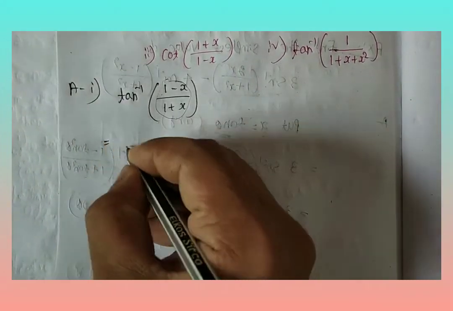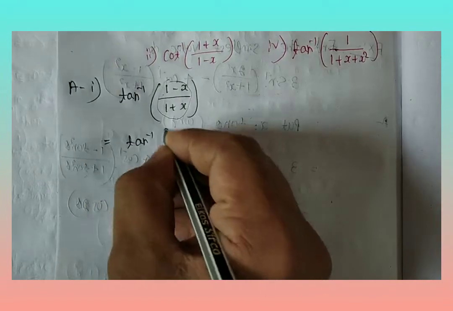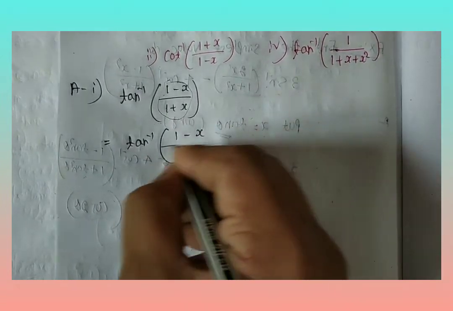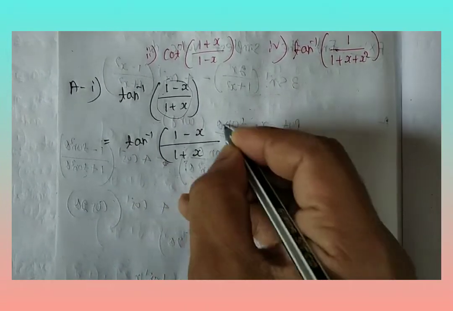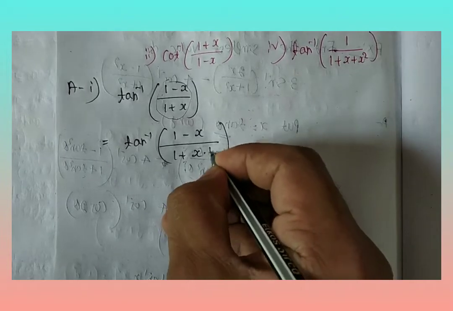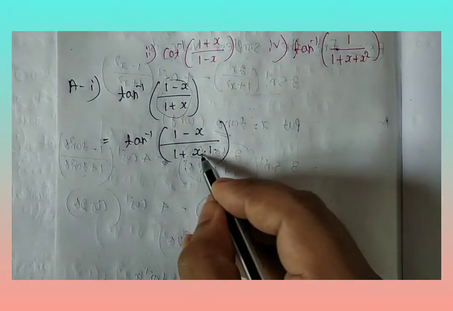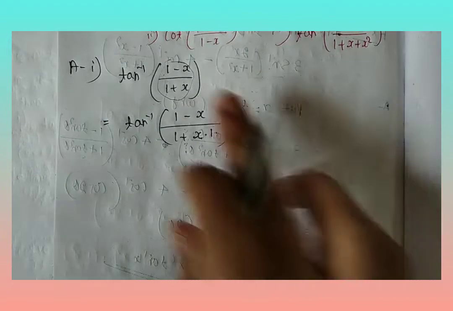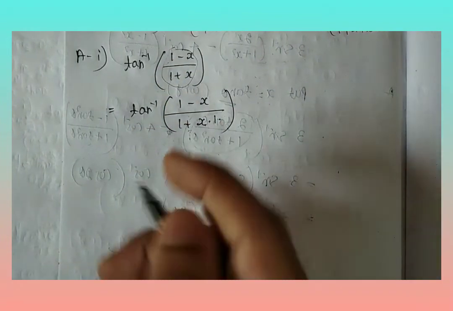Now write down tan inverse of (1 minus x) divided by (1 plus x). Simply multiply 1 here and 1 into x is equal to x. That means these two terms are equal. There is no doubt.